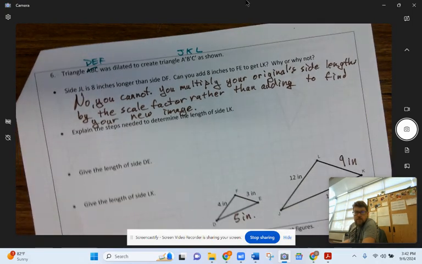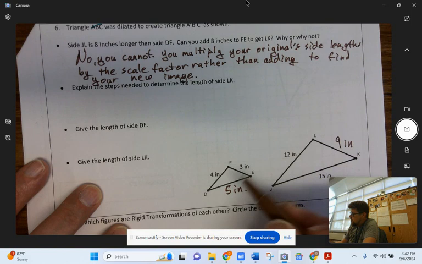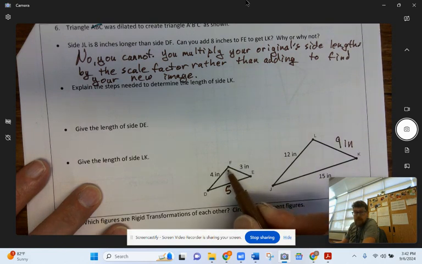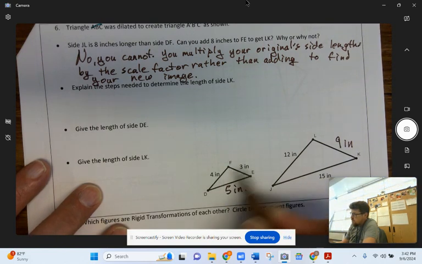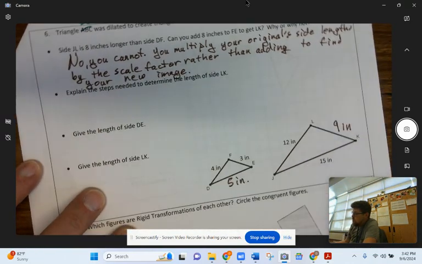Explain the steps needed to determine the length of side LK. So LK is right here. We would take our scale factor of 3. That's 4 times 3 is 12, right? And we would multiply it by FE. So 3 times 3 would get to 9. So what are the steps?